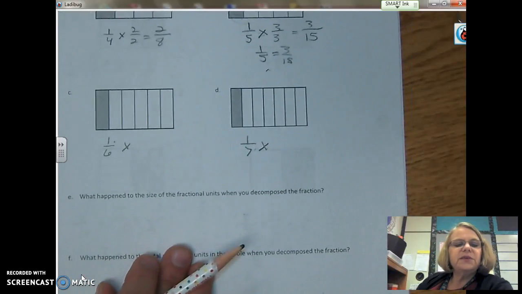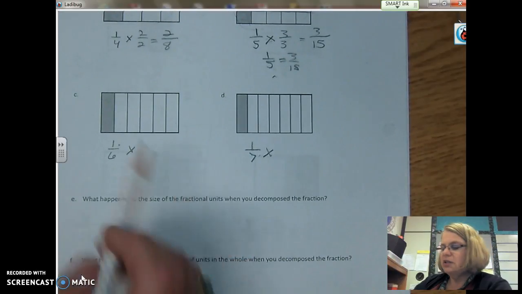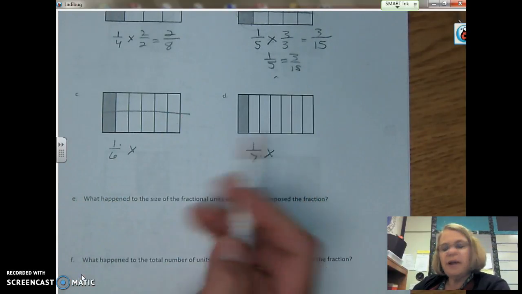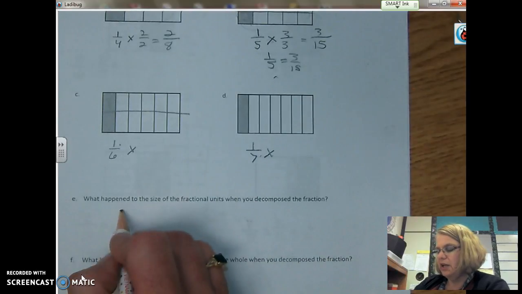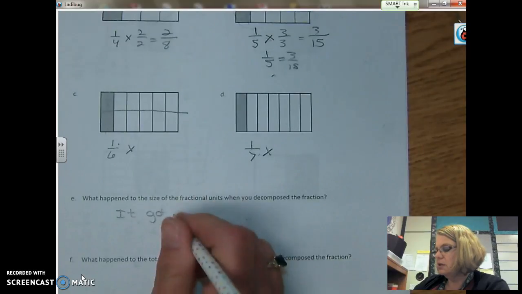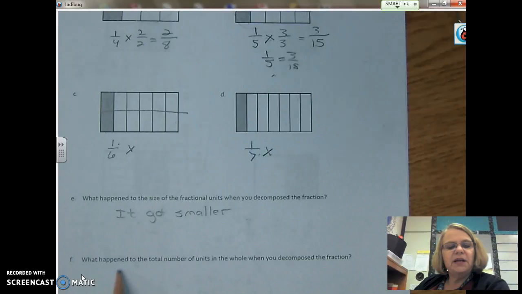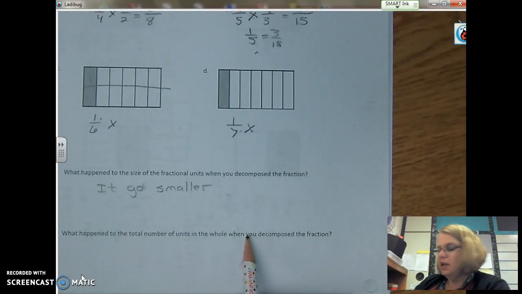So down here it says, what happened to the size of fractional units when you decompose the fraction? So if I decompose this, what happened to the size of my fraction? Right, it got smaller. And then what happened to the total number of units in the whole when you decompose the fraction?